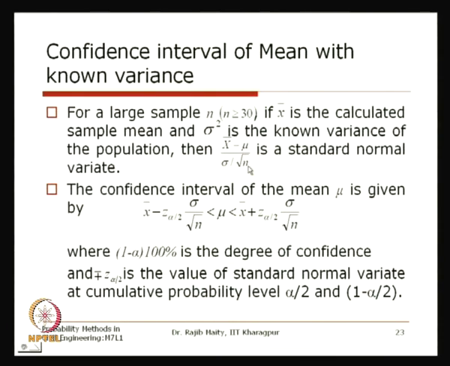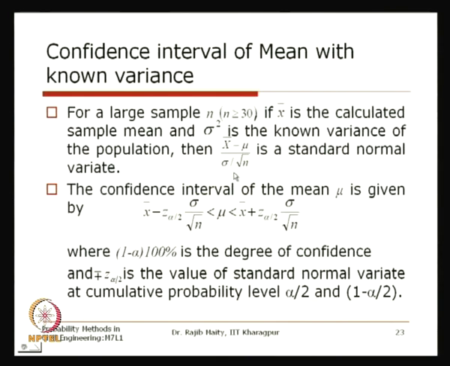Now you know from our earlier lecture that if we take a random variable minus its mean divided by its standard deviation, it is a standard normal variable. That is why x bar minus mu divided by sigma by square root n is a standard normal variate.